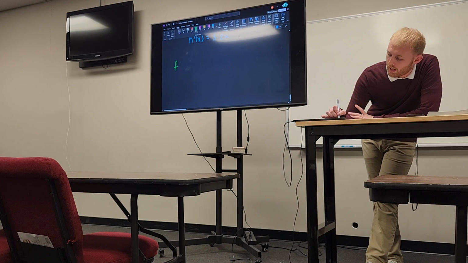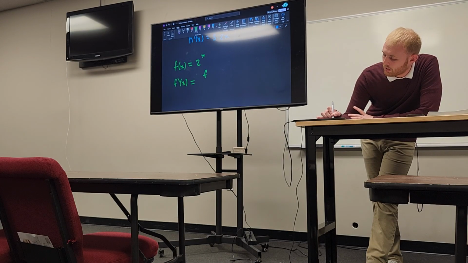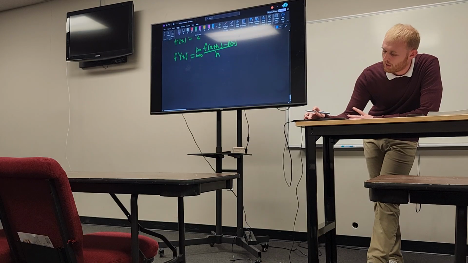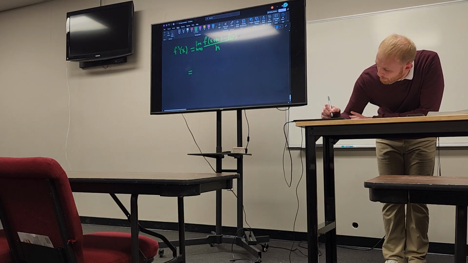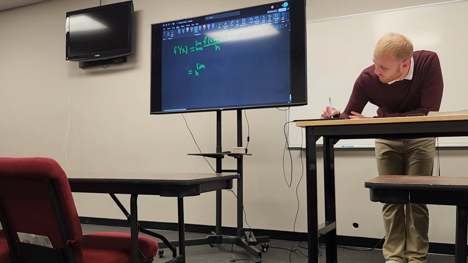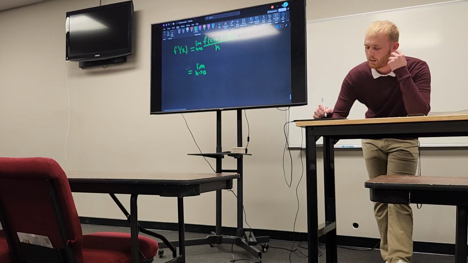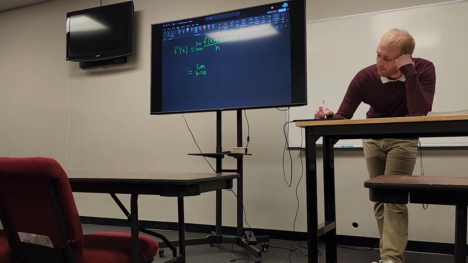So if we say f of x is 2 to the x, then f prime of x will be the limit as h approaches 0 of f of x plus h minus f of x over h. You should always write this so that you memorize this definition. So what did we say our function was? 2 to the x.